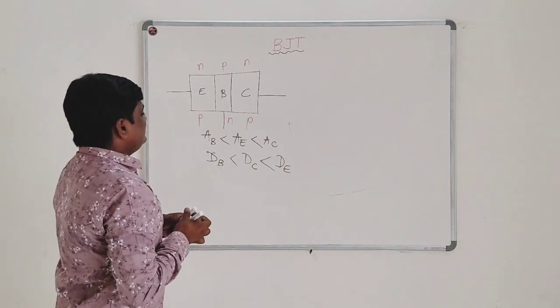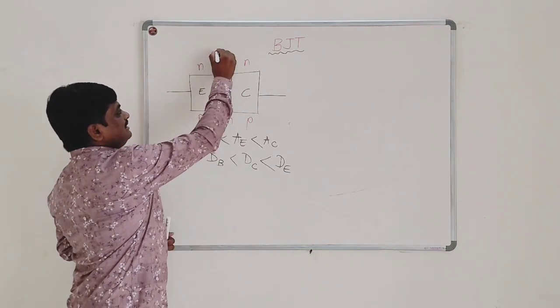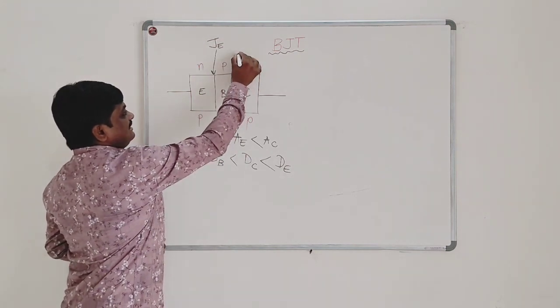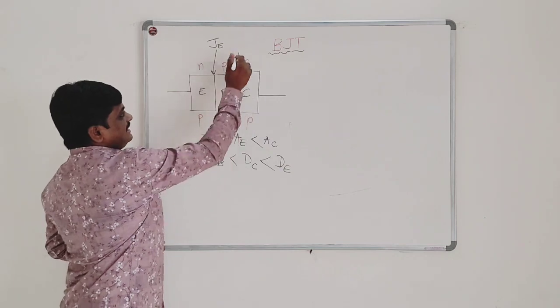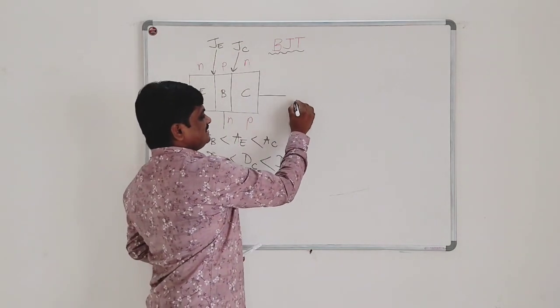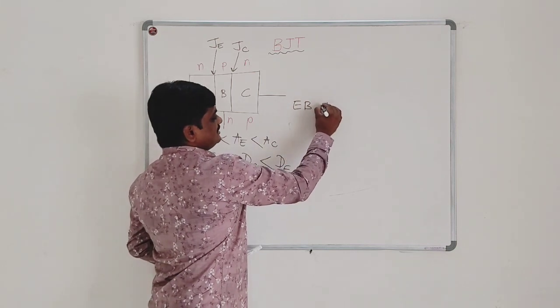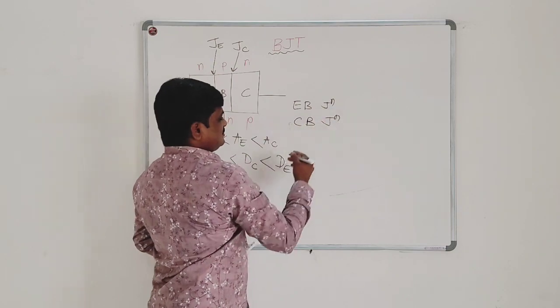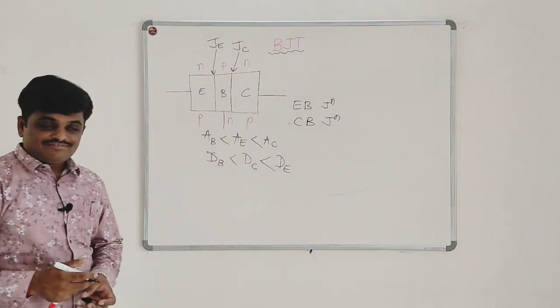In short, the junction between base and emitter, as the emitter is common, is called the emitter junction, while the junction between collector and base is called the collector base junction. So in transistor there are two junctions, the emitter base junction and the collector base junction.